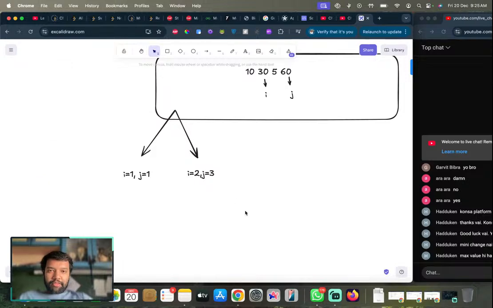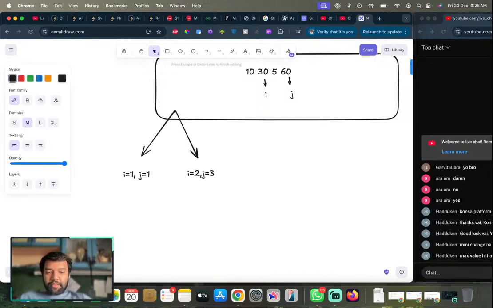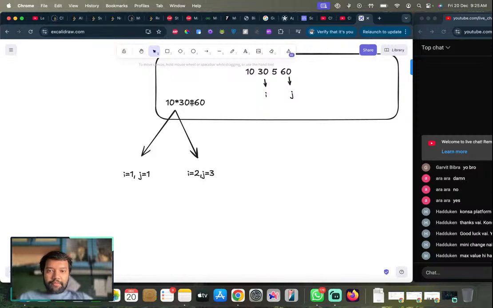This will return 0, and steps will be 10 into 30 into 60. Now k comes here.